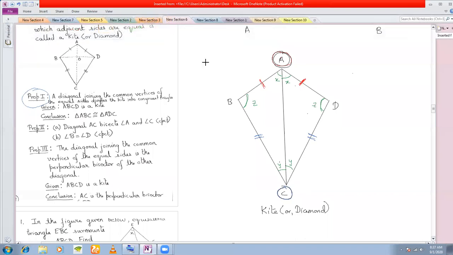Now we come to the third property. If you join the other diagonal also, the other diagonal will be this BD.